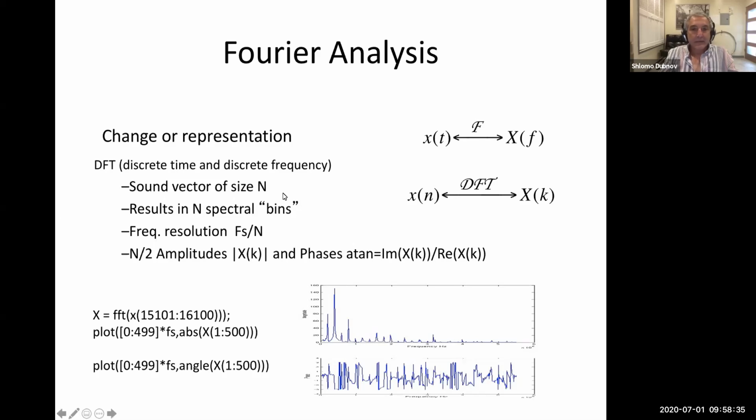So you have a sound vector of size n. It results in n spectral bins or samples. And from here, it's kind of intuitively clear, maybe mathematically it does require a little bit more proof.